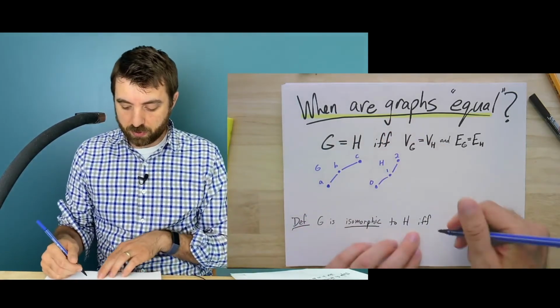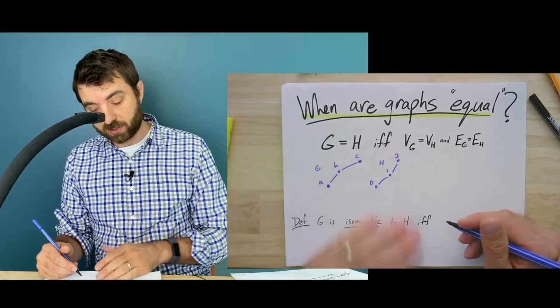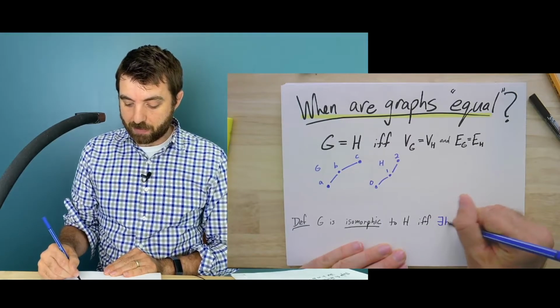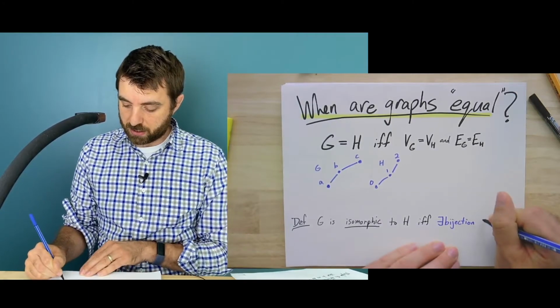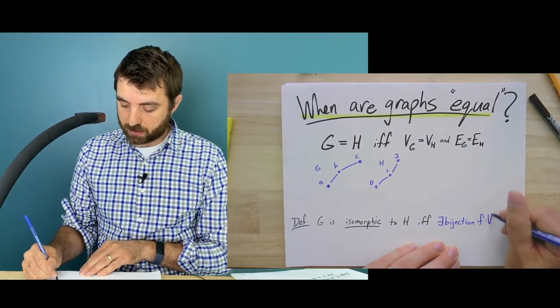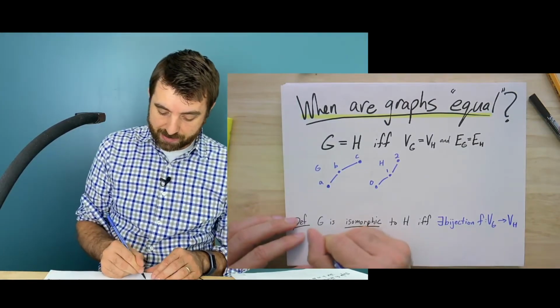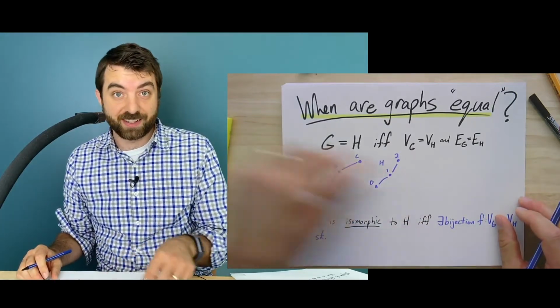And that mapping is going to happen by mapping vertices in G to vertices in H. So there has to exist some kind of mapping, and that mapping should be a bijection. Let's call it f, mapping the vertices in G to the vertices in H, such that once I map the vertices over, they should have exactly the same edges.